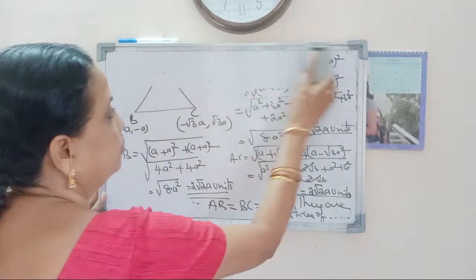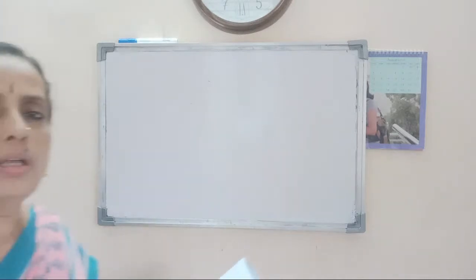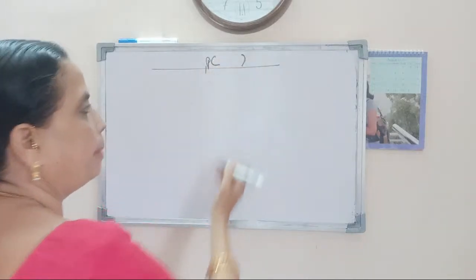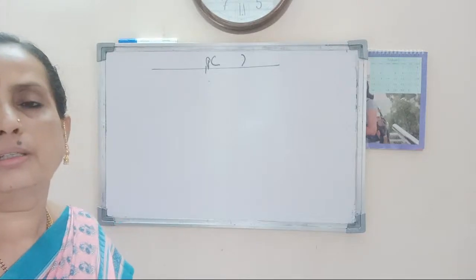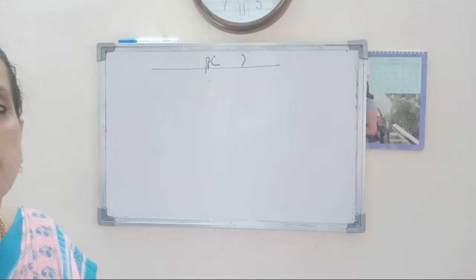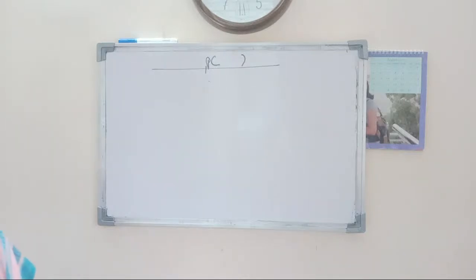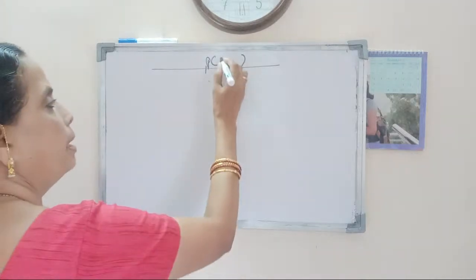Next question. Find the points on the x-axis. When it is a point on the x-axis, we consider its ordered pair as P, x comma 0.